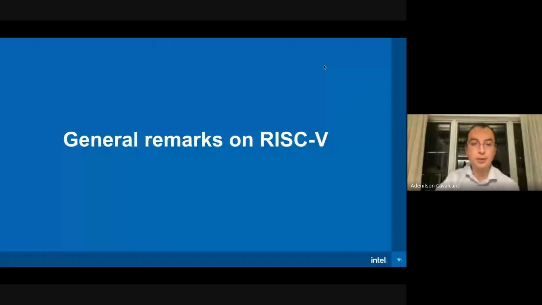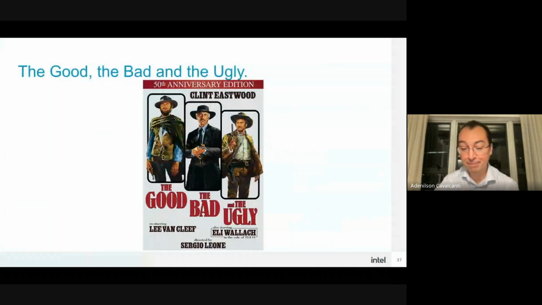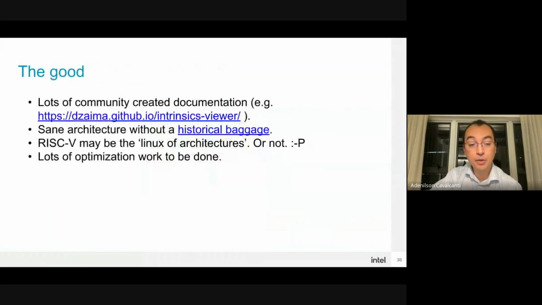All right. So now I'm going to share some general remarks on RISC-V for people who might be curious about it. So the good, the bad, and the ugly. I really like Western movies. So the good: there's lots of community-created documentation. As an example, this link points to a viewer where you can type a RISC-V intrinsics function and see what the arguments are.